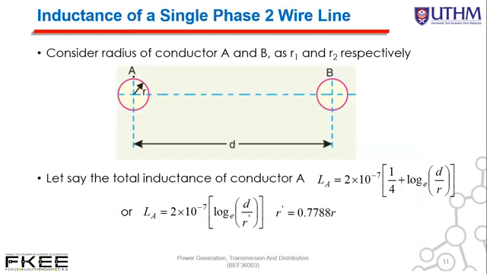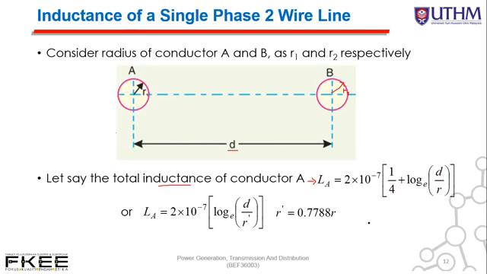So let's consider the radius of conductors A and B as R1 and R2 respectively. So the radius of conductor A is R1 and the radius of conductor B is R2 in this case. There is a distance between A and B that we call D. Let's say the total inductance of conductor A is LA equal to 2 times 10 to the power of minus 7 times (1 over 4 plus ln D over R).